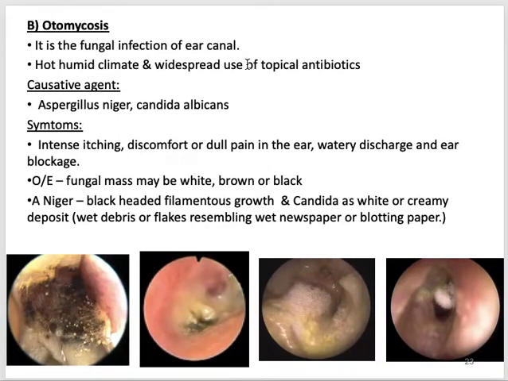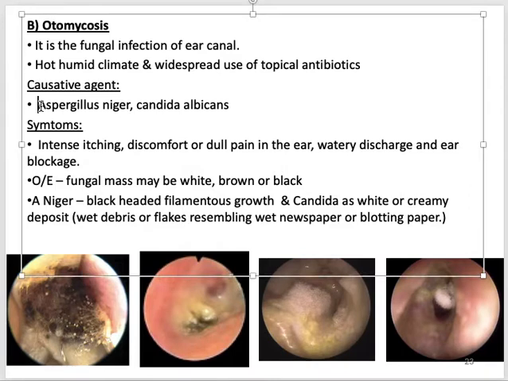Otomycosis is a fungal infection of the ear. And again, the organism which causes this one is Aspergillus or Candida species. It is seen in hot and humid weather. The clinical features are, maybe the patients complain of itching or discomfort in the ear.